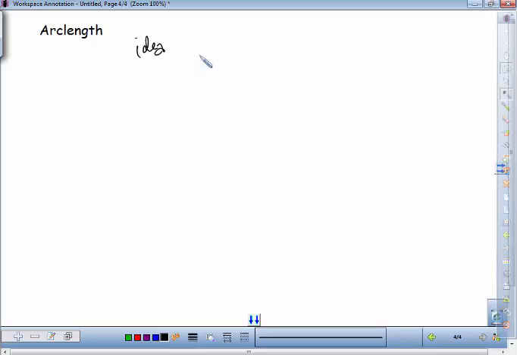is to get your polar coordinate function into parametric equations and then use the formula to find the arc length in parametric equations.